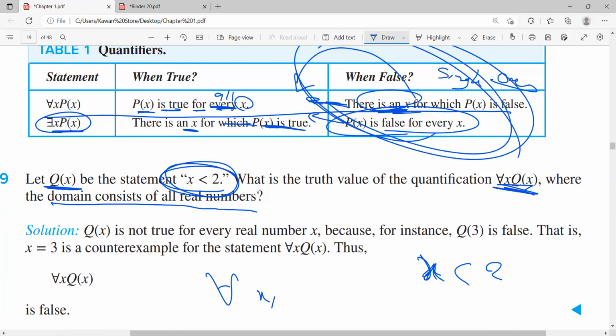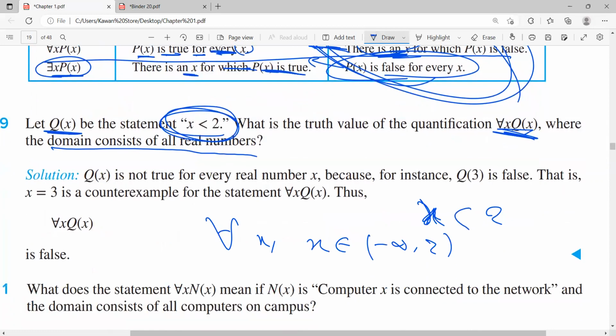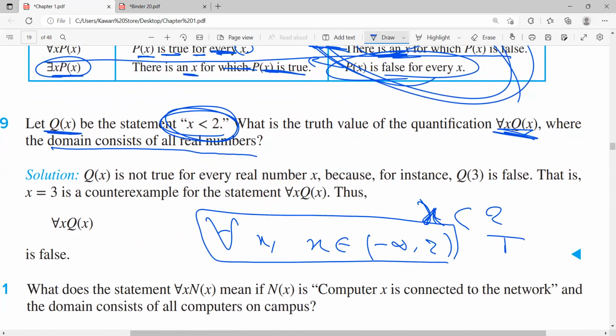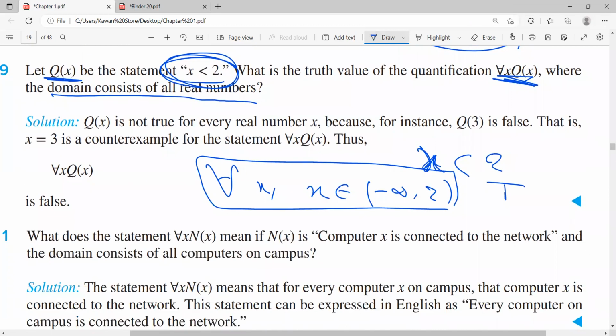X smaller than 2 means from negative infinity to 2. Now you understand, right? So where is it false? From 2 to infinity. Understood? So for all X, is that statement true or not? True. Good.